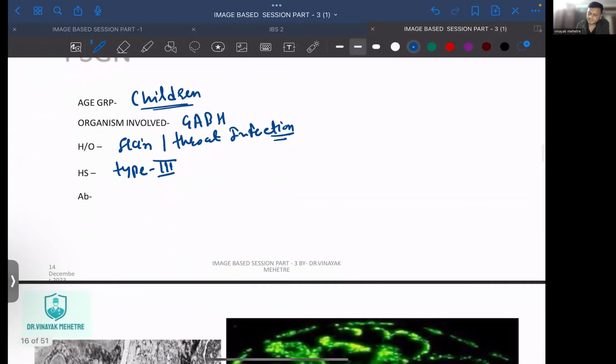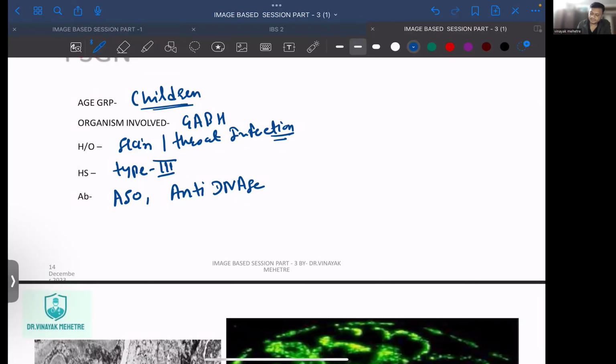Anti-GBM is found in Goodpasture, not in this. Okay, it is ASO, anti-DNase, and one more.